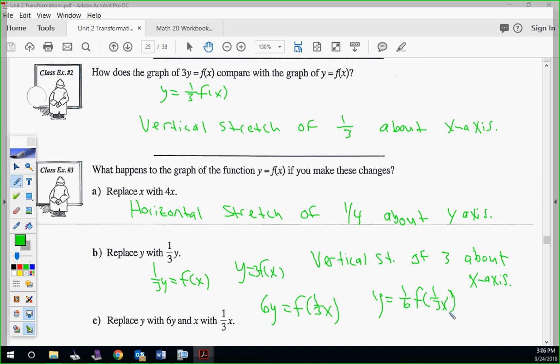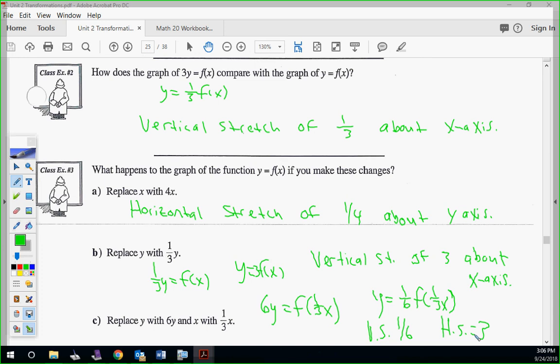Shadow gets in the way sometimes, sorry. So we clearly see the vertical stretch is 1/6. So I'm just going to put v.s. for that. You guys know it's about the x-axis by now. Vertical stretch is 1/6. Horizontal stretch is 3. Good. Flip it, right? It's 3. Very good, very good.